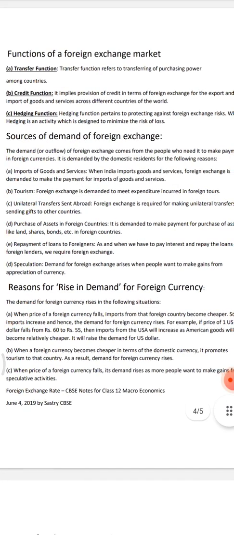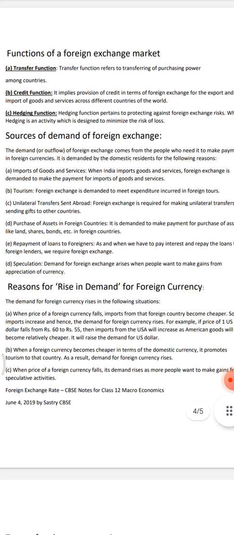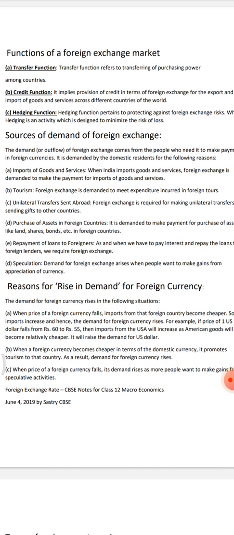It is demanded by domestic residents for the following reasons. The first one is import of goods and services. When India imports goods and services from other countries, foreign exchange is demanded to make payments for them.